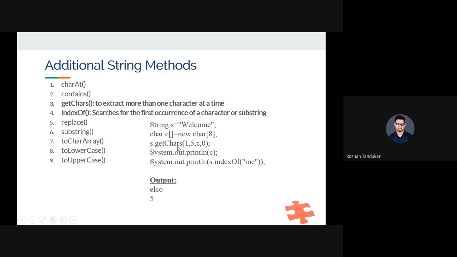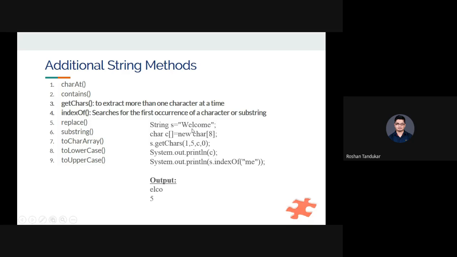Now it will take certain characters. For example, we'll check here 1 to 5. 1 to 5 means it will start to extract characters from index 1 and go up to 5. First of all, check over here: at index 0 that is w. In case of index 1, there is e, that's why it will start from e.